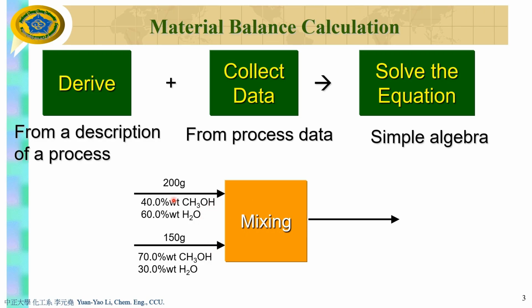You put these two streams into a mixer, and as a result, you get the total amount of the mixture, and then you get the percentage of methane and the percentage of water. Okay, so this is what we are going to learn today.